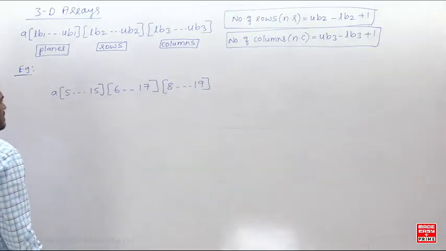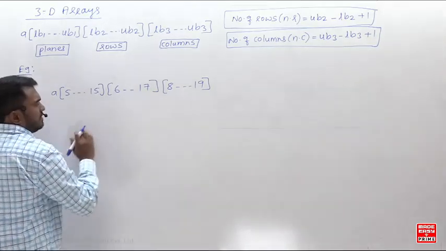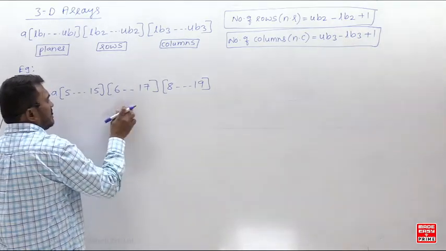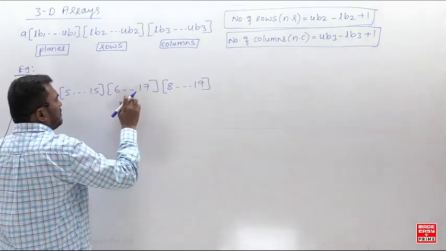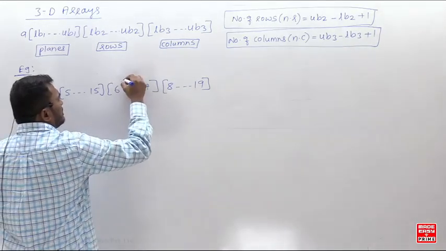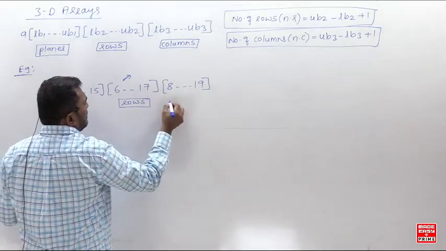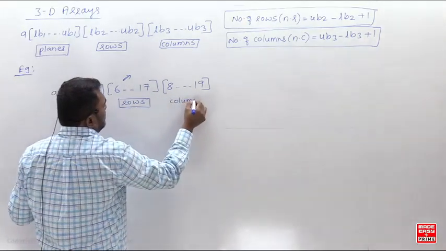Just listen carefully, take this example and copy this. This is the number of rows and this is the number of columns. Now tell me how many rows are coming here.